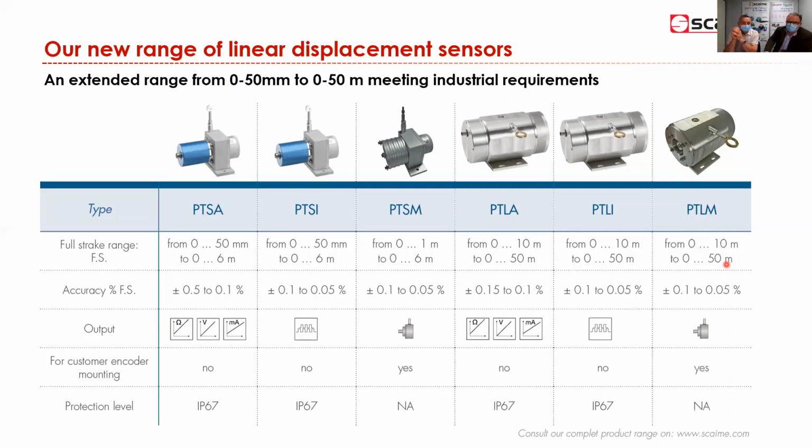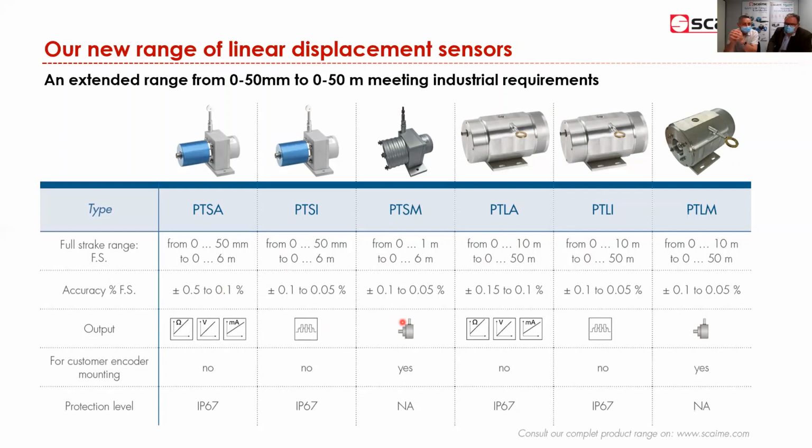So that's pretty simple. As we see here, the accuracy we can get from encoders is usually a little bit better than what we can get from pure analog systems. Exactly, yes. Because there is a potentiometer inside, and the linearity of the potentiometer is not less than 0.1%.